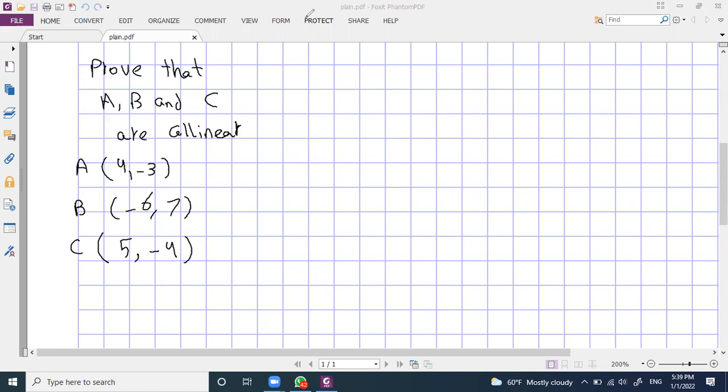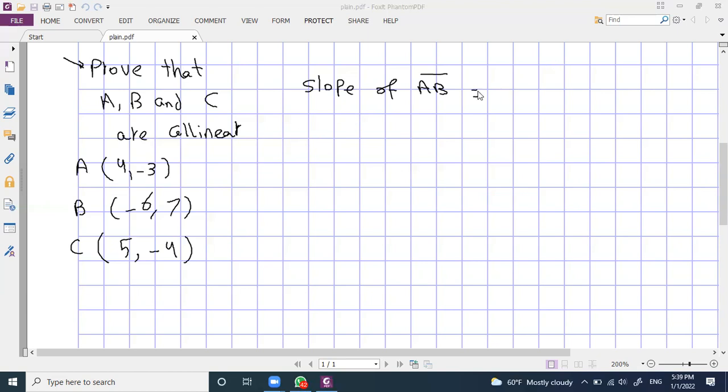And I'm going to ask you, Alia, how can you prove that the points A, B, and C are collinear? Tell me what is the idea? The slope of AB should be equal to the slope of BC. So you will find the slope of AB.